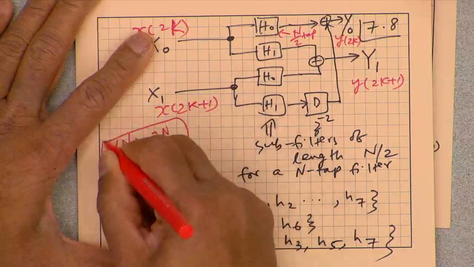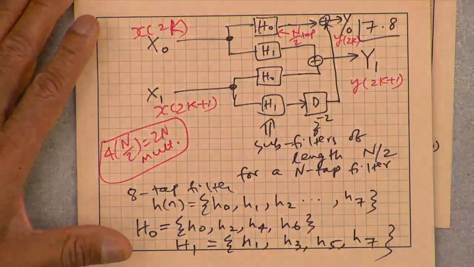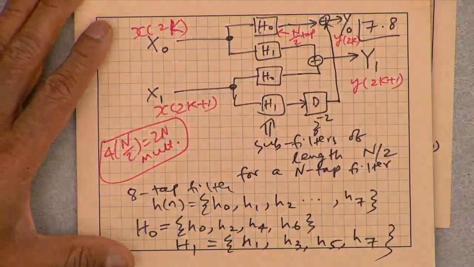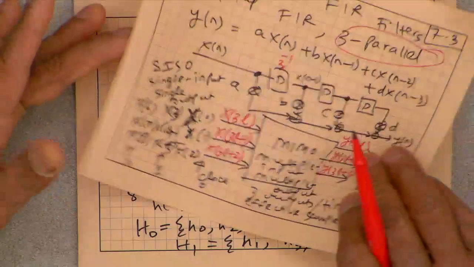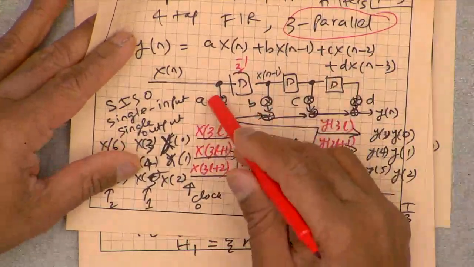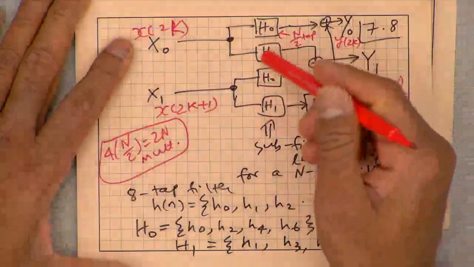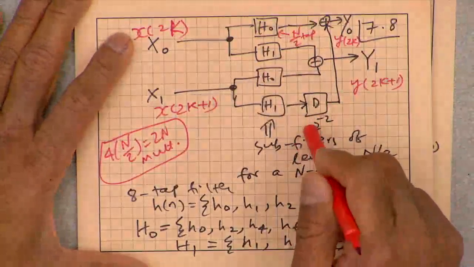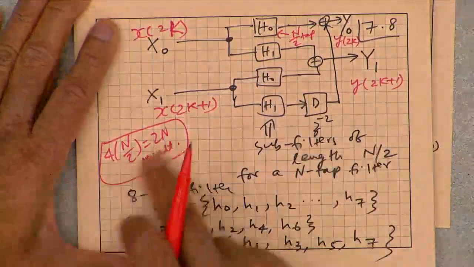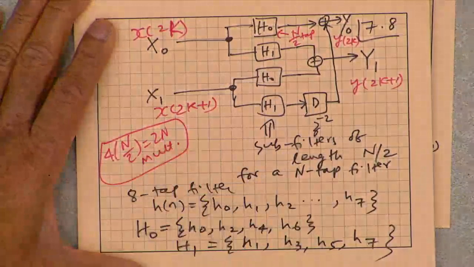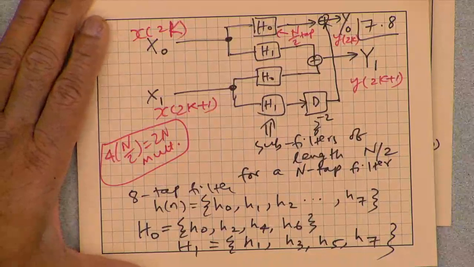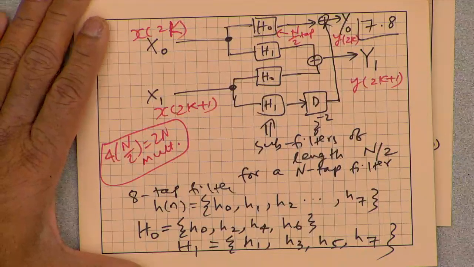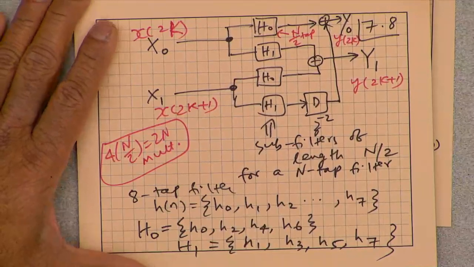So if the original FIR filter required n multiplications for an n tap filter, the 2 parallel filter as described here requires 2n multiplications. So the polyphase decomposition is really a first step, and then the fast FIR filter is the next step. So it's a 2-step process.